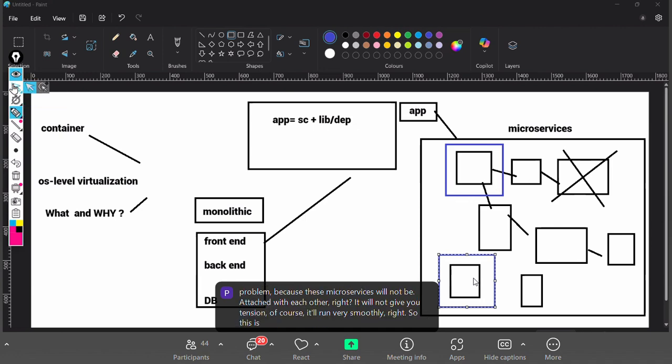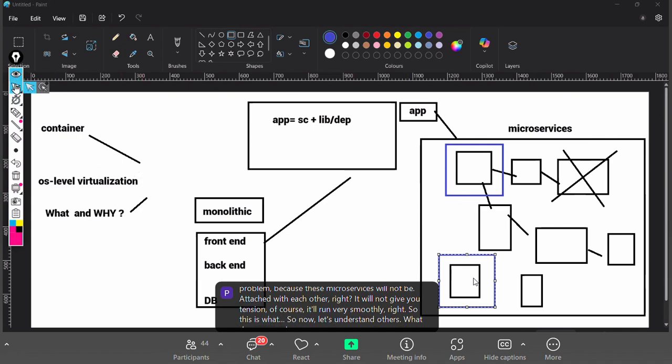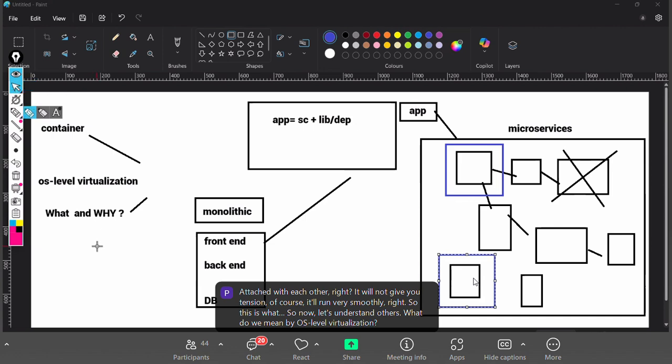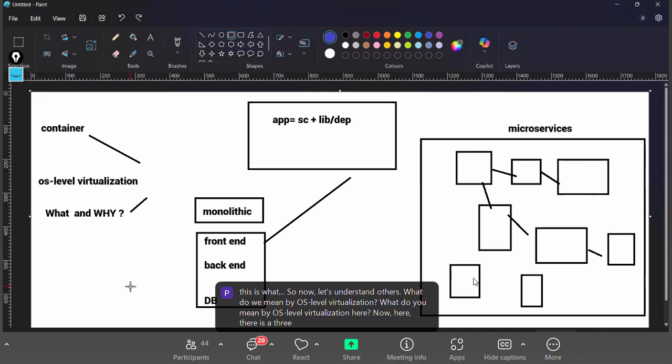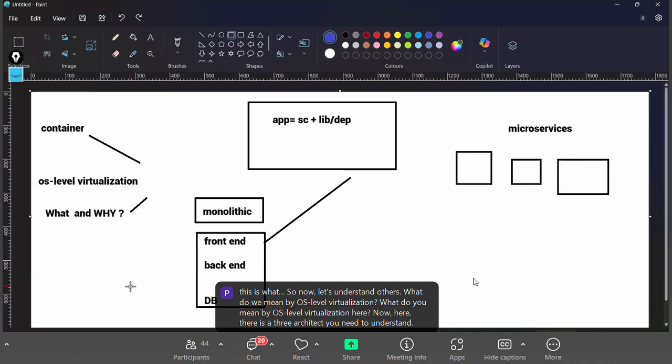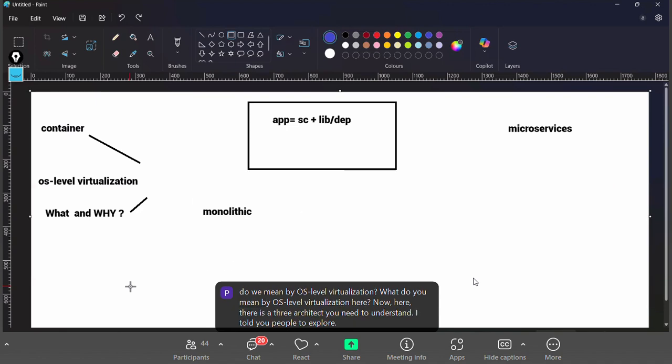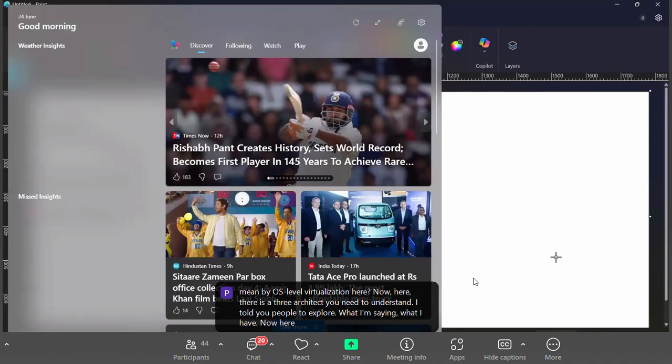So now let's understand the others. What do you mean by OS level virtualization? Here there are 3 architectures you need to understand. I told you people to explore. Now I am talking about OS level virtualization.